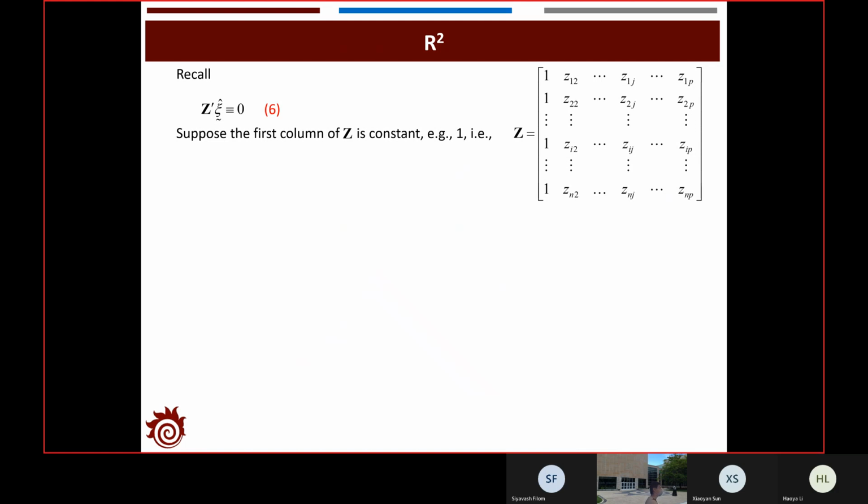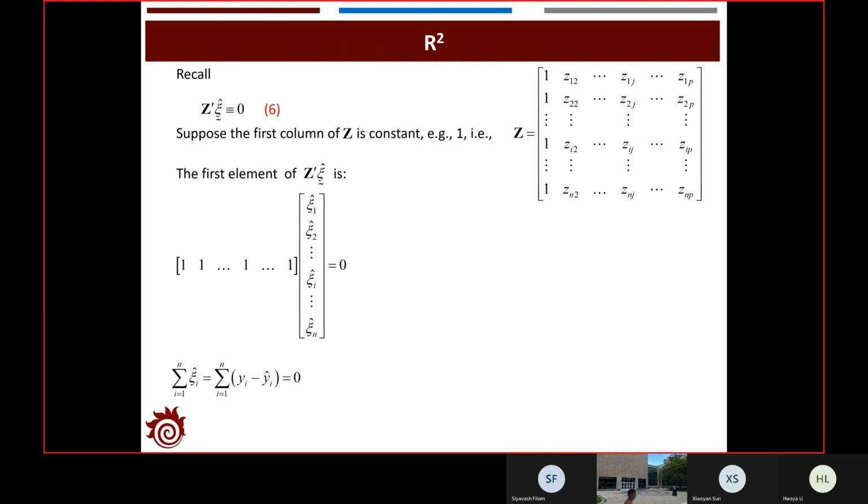Z prime times epsilon hat equals 0. We know the definition of Z. Here, we assume that the first column is 1, meaning it's the constant value. Then, for the first element, as Z prime times epsilon hat is 0, if you do the summation of epsilon 1 hat, epsilon 2 hat, up to epsilon n hat, it should be 0.